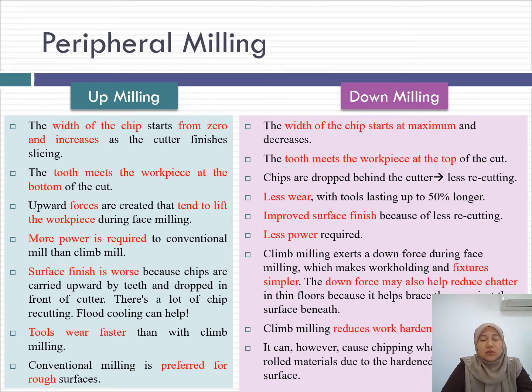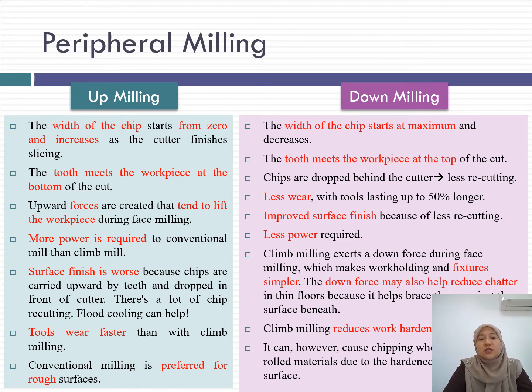More power is required to conventional mill than climb mill. So up milling requires more power as compared to down milling. Surface finish is worse because the chips are carried upward by teeth and drop in front of the cutter. There's a lot of chip recutting.